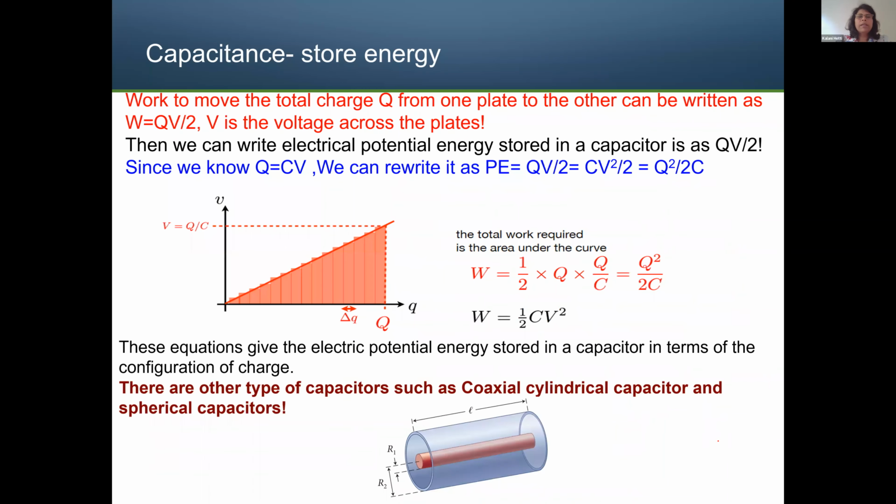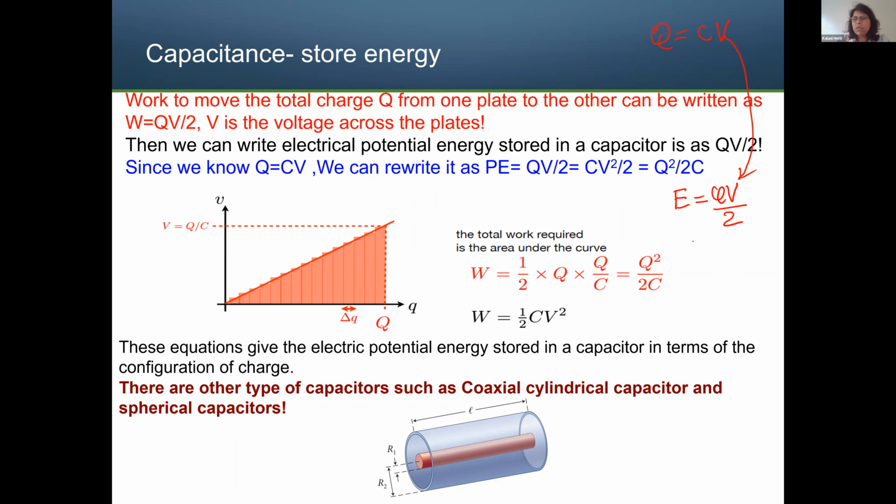And I mentioned the capacitor will store energy. How much is it going to store? The energy stored in the capacitor, we call it E, I'm going to write E in here, will be QV divided by 2. This is one way that you can write it, and then you can use the capacitance formula. You remember that we have Q equals capacitance times voltage. I can plug that into here.